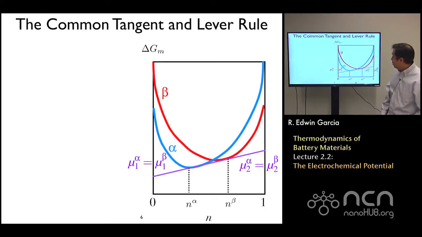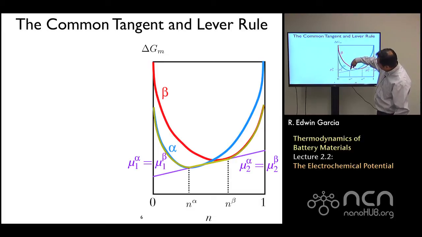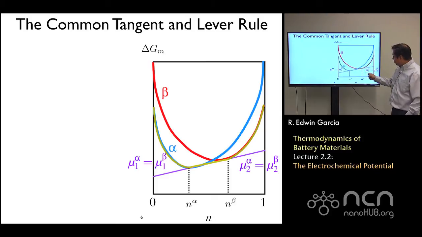And what you do here is that, since we already know what the free energy of the entire system is, okay, we know that to the left of N alpha, basically the solubility limit of alpha, we have this free energy contribution that is given by delta Gm of alpha, the free energy of mixing of the alpha phase. And to the right, we have delta Gm of beta as the one that describes it.